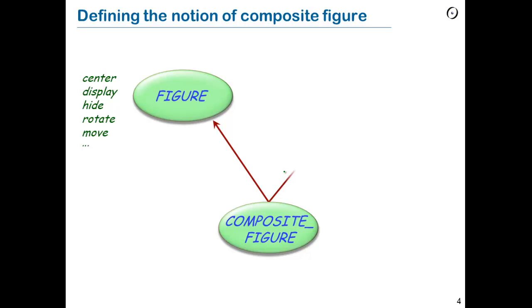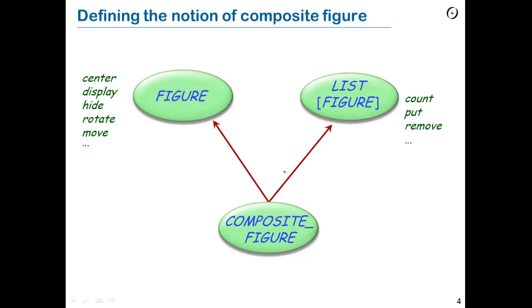On the other hand, a composite figure is made of a number of elements, like our bicycle, which was made of a bar and two wheels and some other elements, and the wheels in turn are made of circles and segments. So that's what it is. We could model it as a set.